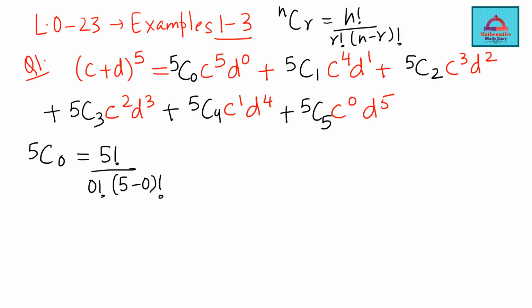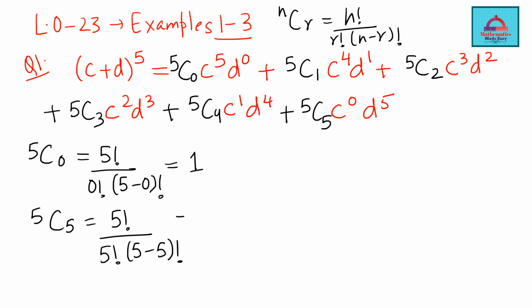Now in your exam, just to save time, you may use your calculator and directly calculate the binomial coefficients using the combination formula. You need not expand them like I'm doing. So here these coefficients will be 1. We have calculated these coefficients.